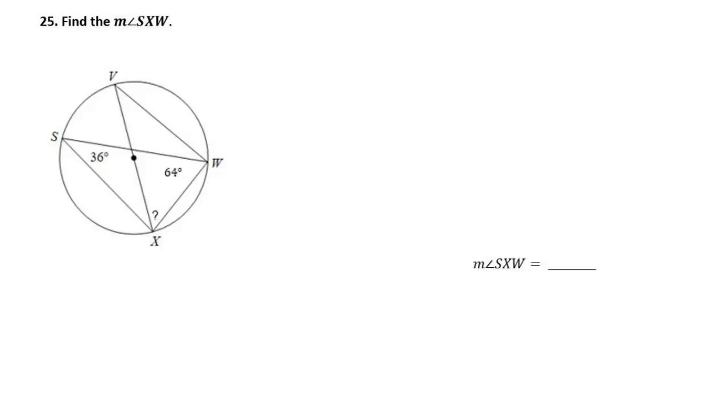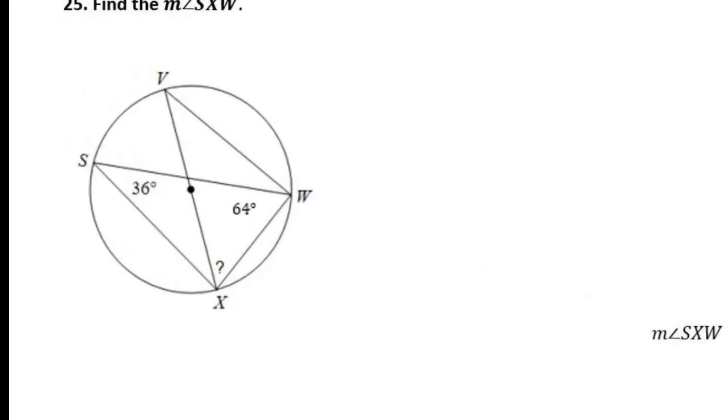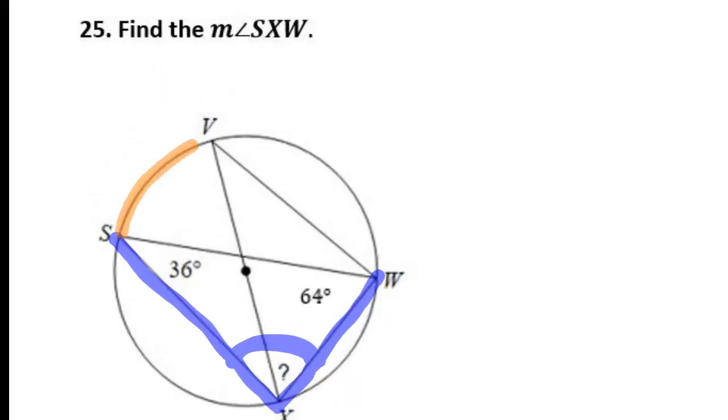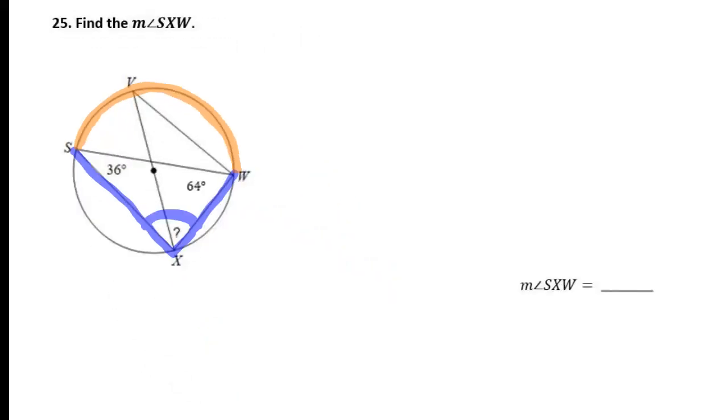25. We want to find the measure of angle SXW. So this angle right here is what we're looking for. The arc that it is intercepting is this one right here, SVW. SXW has its vertex on the circle. That makes it an inscribed angle.